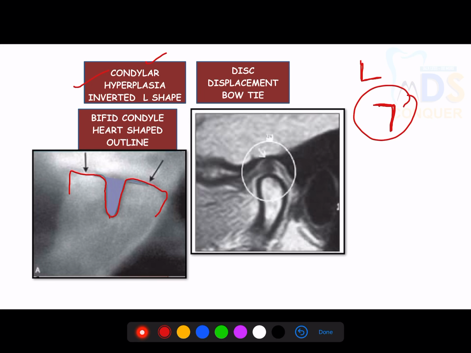This is in bifid condyle. And one more thing, this is an MRI picture given here. This is a bow tie appearance, which is seen in disc displacement. So condylar hypoplasia will have an inverted L shape, bifid condyle will have a heart shaped outline, and disc displacement will have a bow tie shape. These are characteristic features of TMJ disorders.